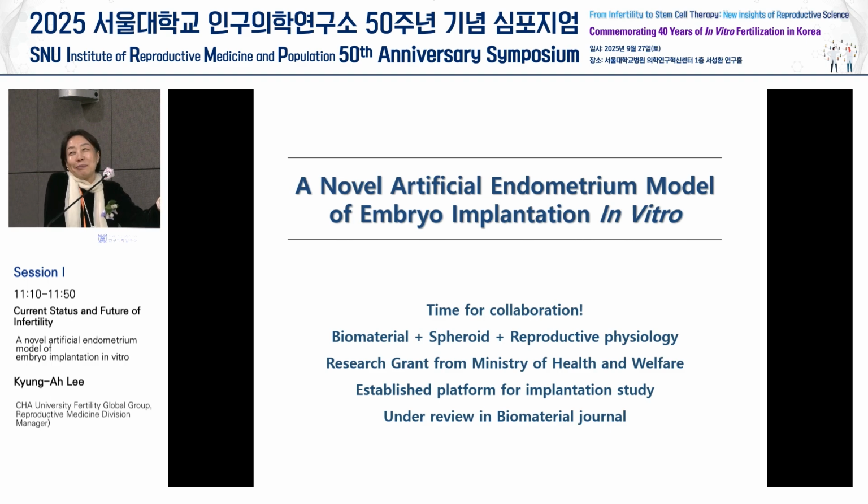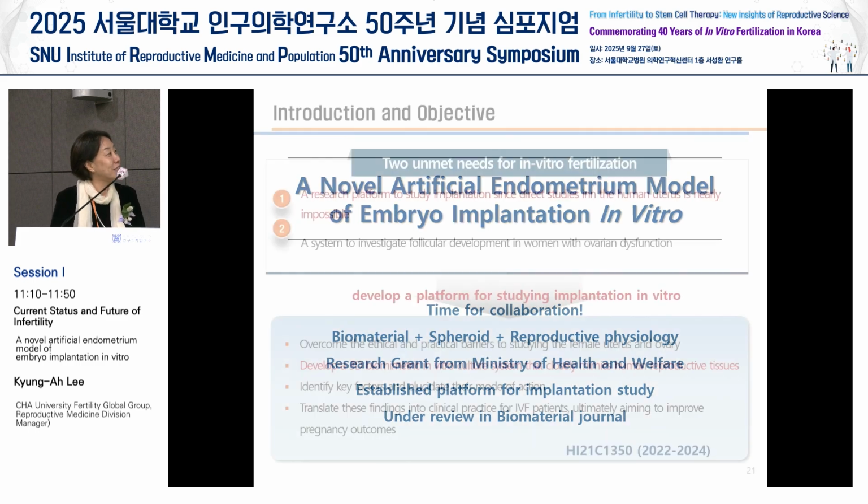The biomaterial journal ping-ponged our manuscript to a reproductive journal, and the reproductive journal ping-ponged it back to biomaterial. I lost myself. What should I do? So I would like to get your opinion about our story and suggest a good journal to apply to again. However, it is under review at this moment at the biomaterial journal.